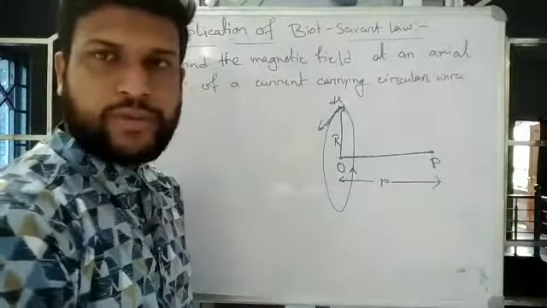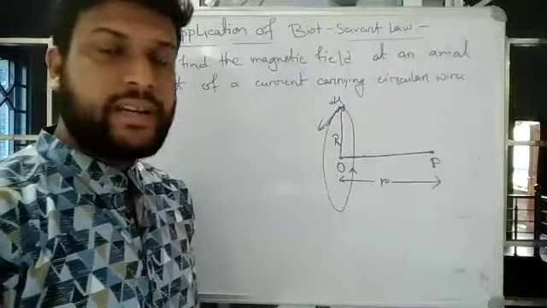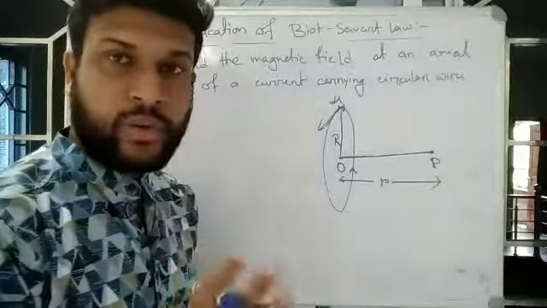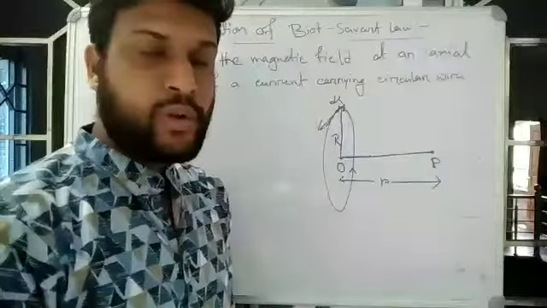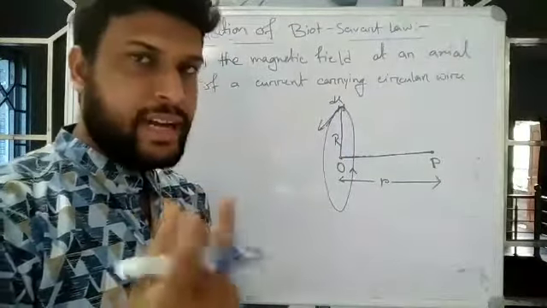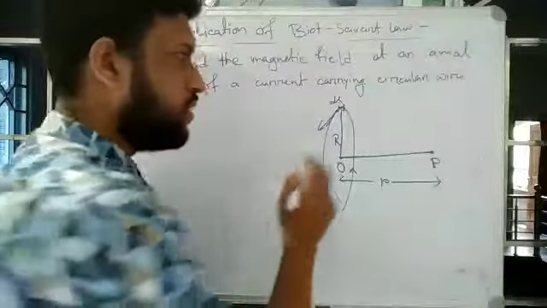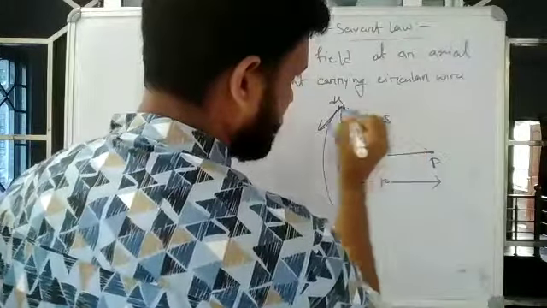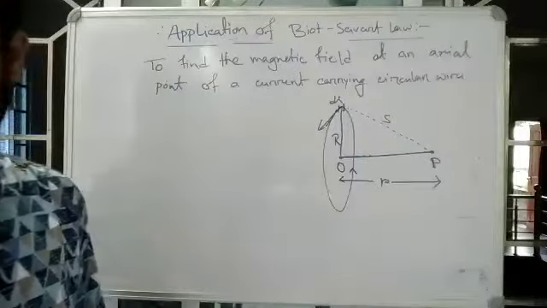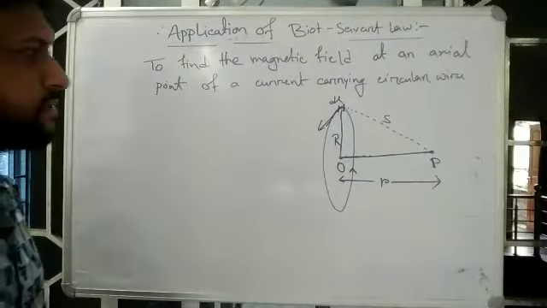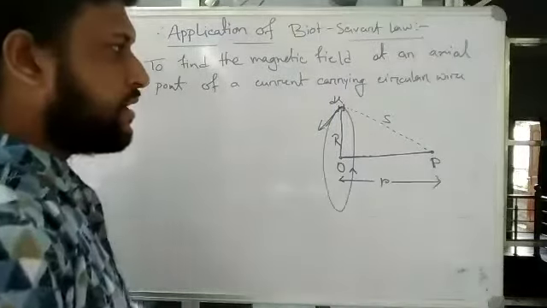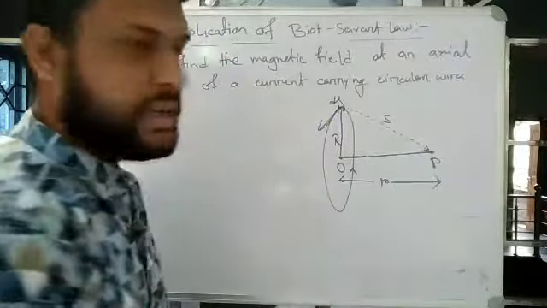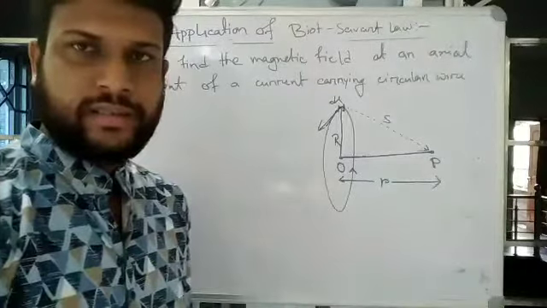And according to Biot-Savart law, we need to take the distance of the point from dl, right? We don't require the distance from the center. We actually require the distance from the line element, which is on the wire itself. So we are assuming the distance here is s. Now this dl and this s vector, again they are perpendicular to each other, right?